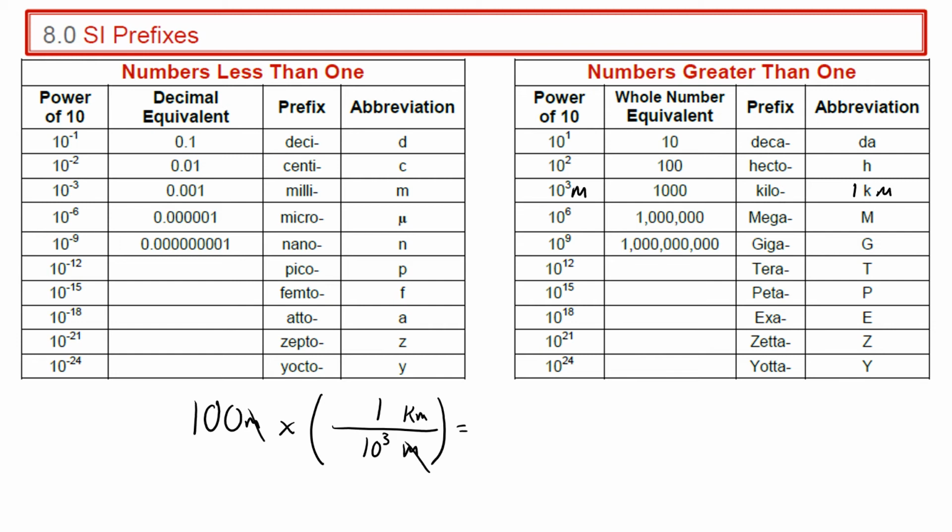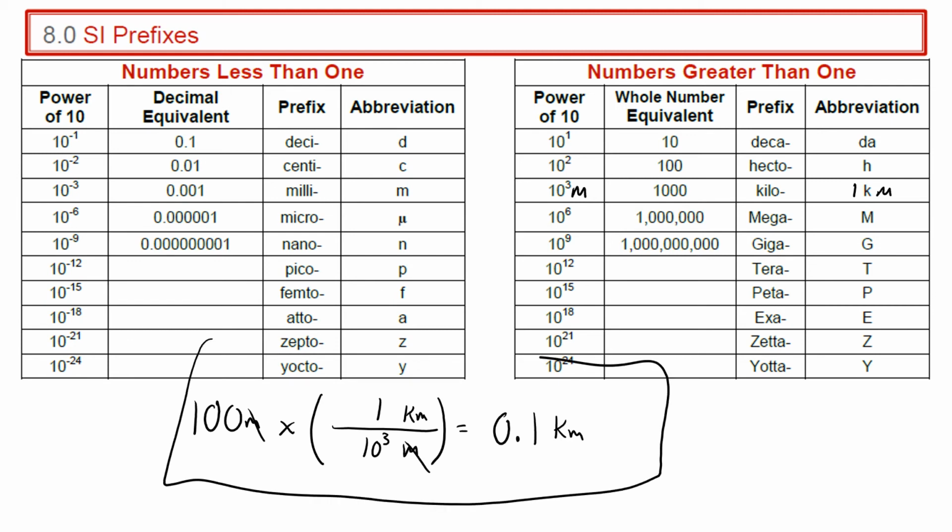All right. So the meters cancel out and you're left with 100 divided by 10 to the 3, or 100 divided by 1,000, which still gives you 0.1 kilometers. Nice, nice, nice. Very good. The conversion factor method still works.